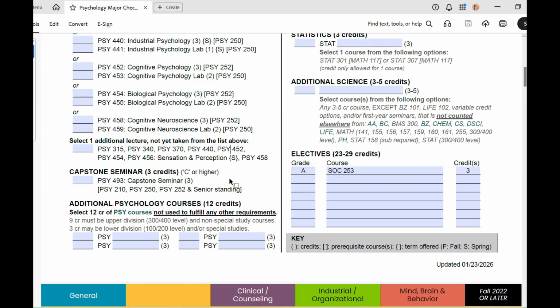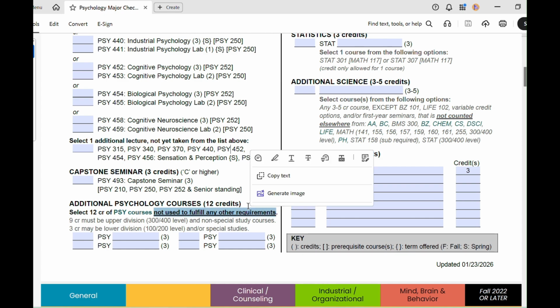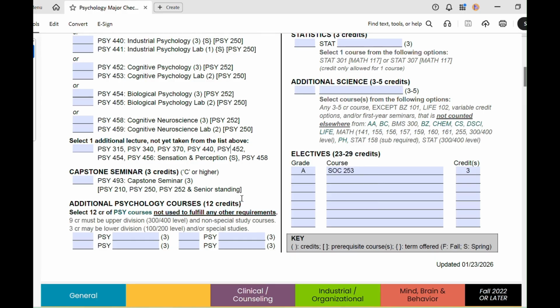Additional psychology courses. We also like to call these psychology electives. All psychology majors on the general concentration must take 4 psychology electives. Please note the wording here. Select 12 credits of psych courses not used to fulfill any other requirements. So these must be specific courses to this section.